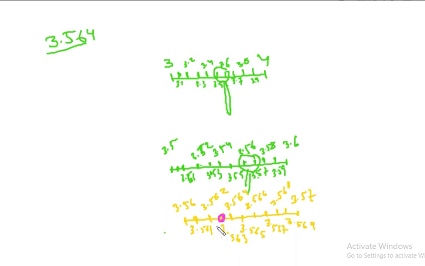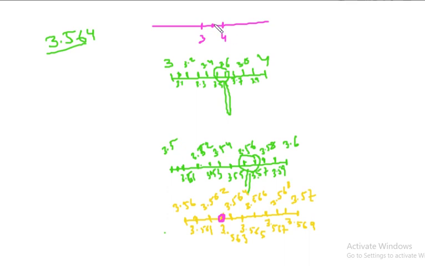Okay, so if we zoom out again, what you will get is that this was a number line, and this was 3 and this was 4. You have to go up to the middle, then slightly more than this.